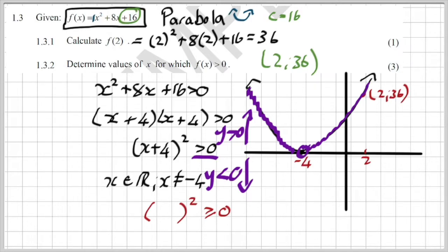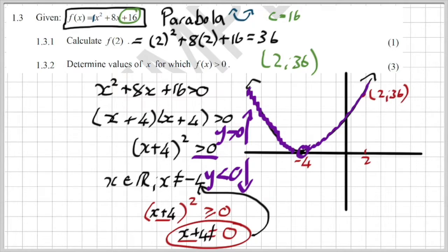The only time it is equal to 0 is if my expression is equal to 0. So x plus 4 squared is always larger than or equal to 0, but I want to exclude the equal to 0. So therefore, I'm sitting with that answer: x can be any number except -4.